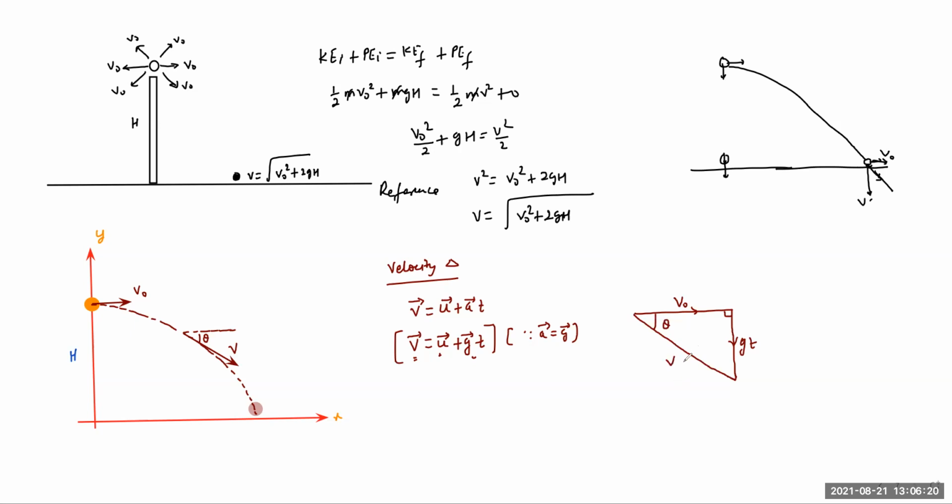Therefore we can solve many questions directly from this triangle. Like, what is v? You can say it is square root of v naught square plus g square t square. What is tan theta? You can directly see from the triangle: gt by v naught. So there are various things you can do. But apart from this, you can see something very interesting: v cos theta is the same as v naught.